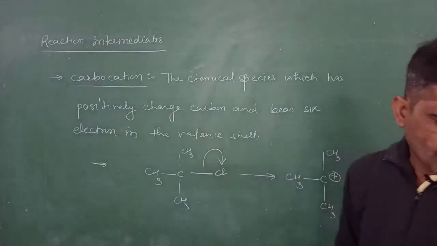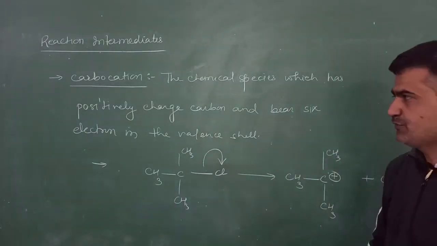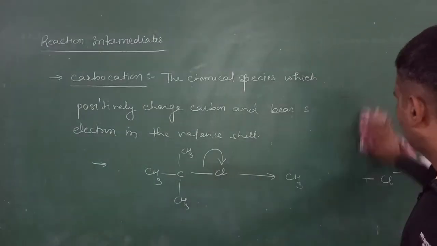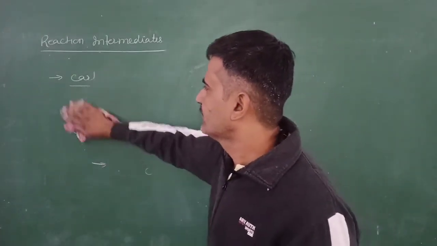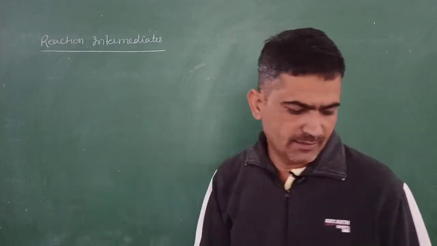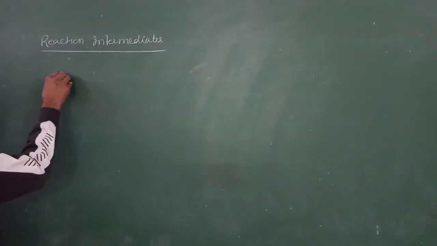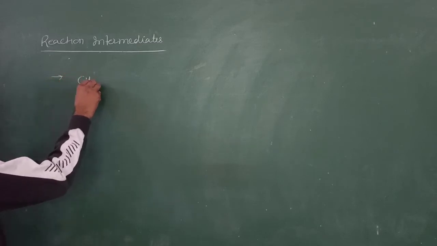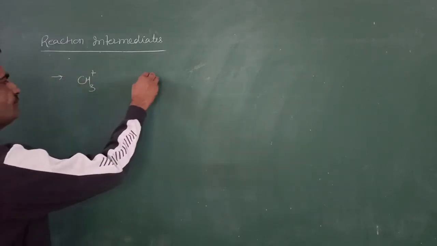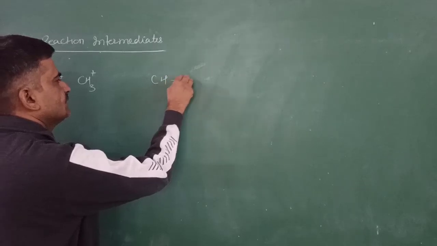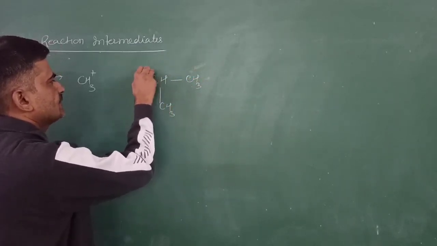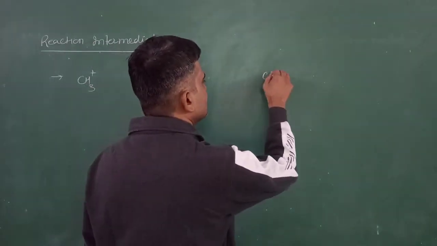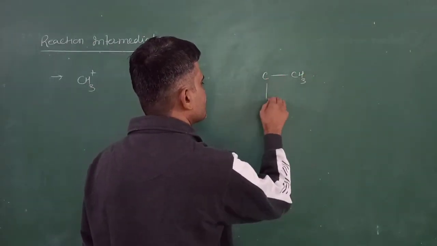Now the classification of the carbocation. Carbocations are of 3 types: primary, secondary and tertiary carbocation. This is primary, this is secondary, and this is the tertiary carbocation.